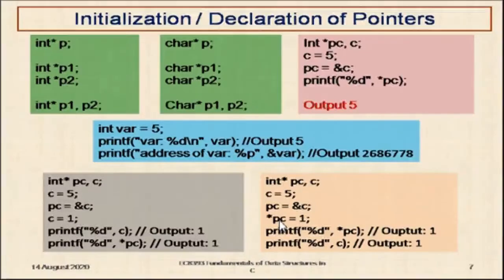This is not available in other languages, I can say. So directly we can access the memory. You see here *pc = 1 means this is equal to c = 1. So I am directly storing the value 1 in the address assigned for the variable c. And we have got the same. Fine.